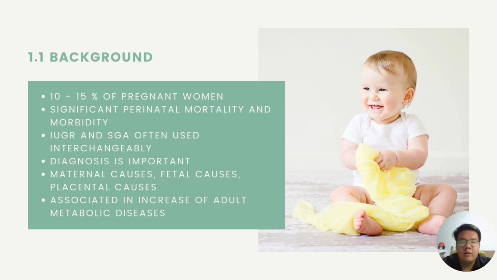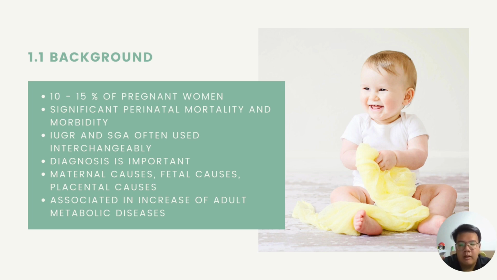The identification of IUGR is crucial and begins with the assessment of risk factors itself. The diagnosis is made by ultrasound using biometry when this confirms an estimated fetal weight of less than 10th percentile. The common risk factors include maternal causes, which are hypertension, diabetes, cardiopulmonary disease, anemia, malnutrition, smoking, and also drug use.